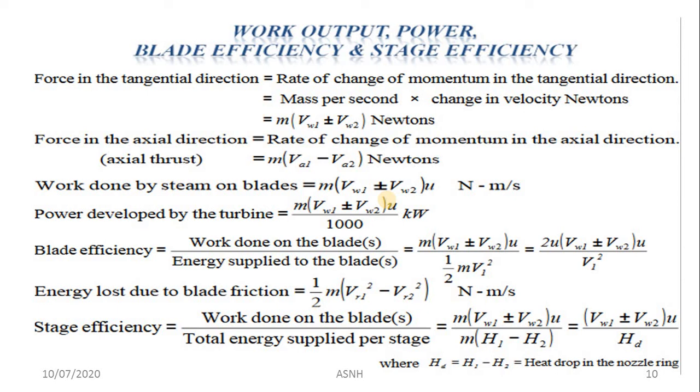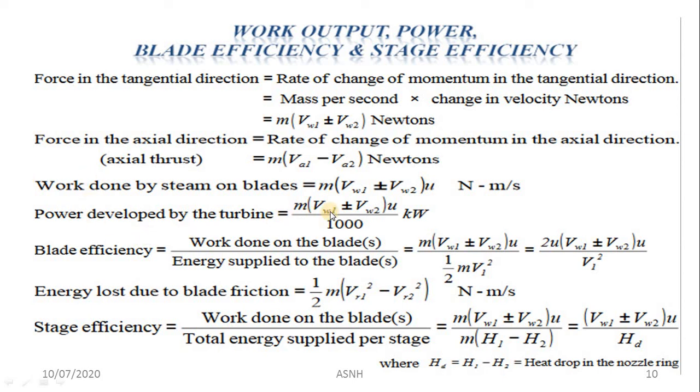If it is outside, then we will take plus. There is some basic logic and technique, which we will discuss while solving the numericals. And u is the blade velocity. If it is not given in the problem, then use the formula pi D N by 60, where the values of D and N are mentioned in the problem.